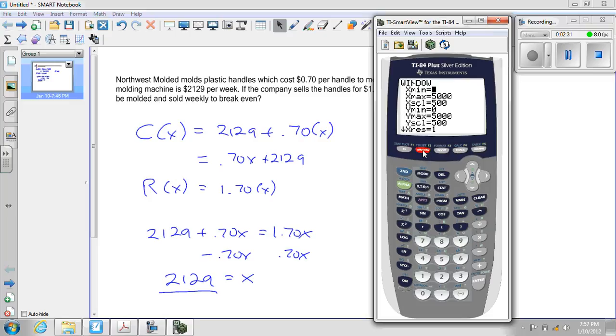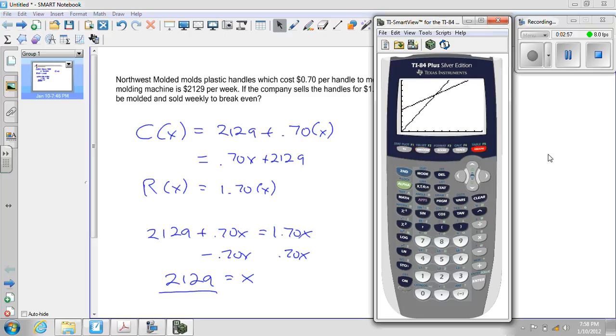Since I knew I was dealing with some pretty big numbers, I decided I would change the window. Now I know I can't have negative handles, and I'm not going to have negative revenue because I'm looking to break even. So I set my X maximum at 5,000, in units of 500, so it would not be too cluttered. And I set my Y minimum at 0 and my Y maximum at 5,000 in units of 500. And then I'm going to graph it.